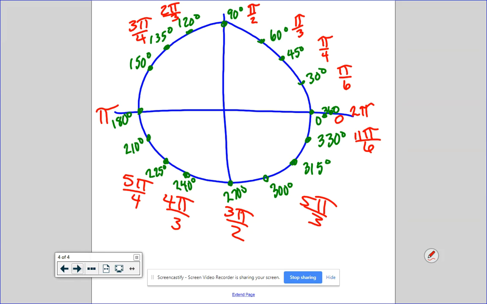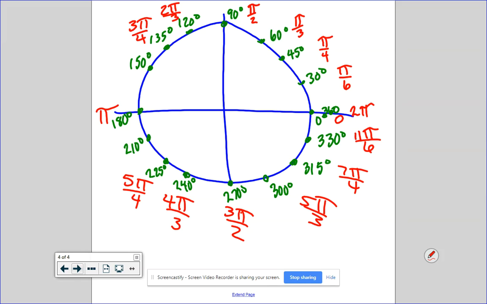So 270 is 3 pi over 2. Add 45 again. Where does that put me? 315. And how many 45s is that? 7. Add 45 again. 360. 8 pi over 4. 2 pi. Okay?